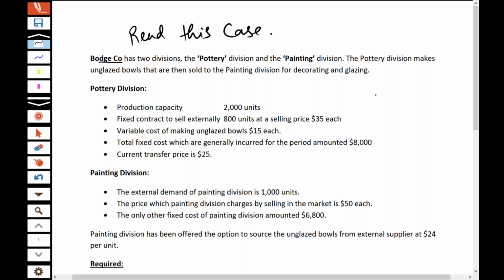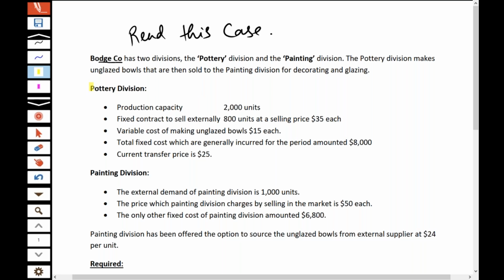Okay, friends, this is the case of Botch company. Botch has two divisions, pottery and painting. The pottery division makes unglazed bowls that are then sold to the painting division for decorating and glazing.